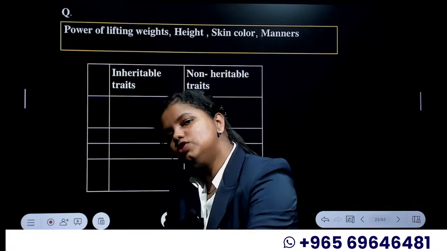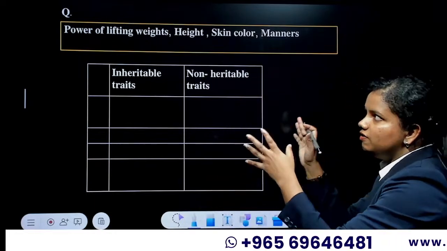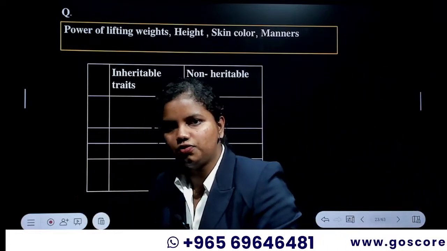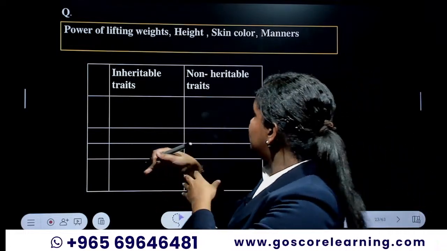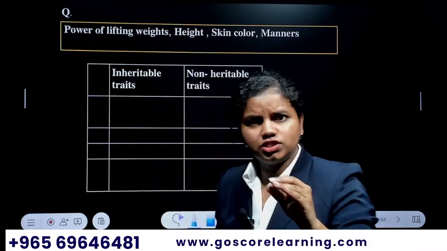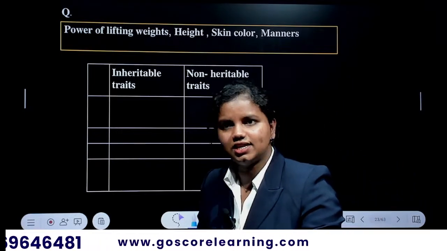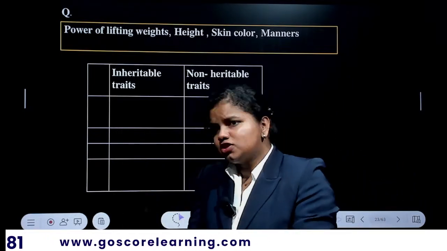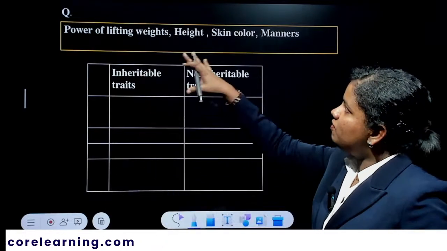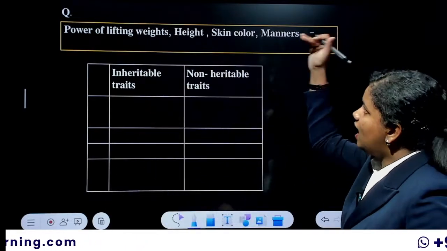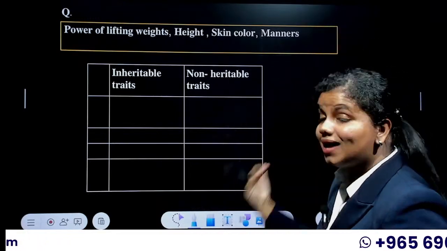This is a question which was asked before. They gave some characters in a bracketed form and asked you to classify them into inheritable and non-heritable traits. So you just had to know what inherited traits and acquired traits are so that you can classify and get the scores. The characters were power of lifting weights, height, skin color, manners.